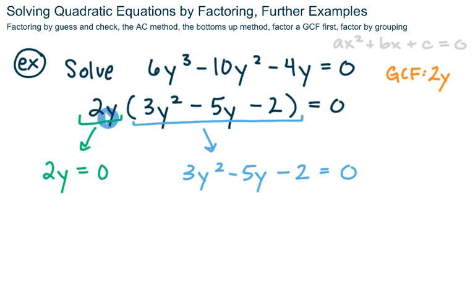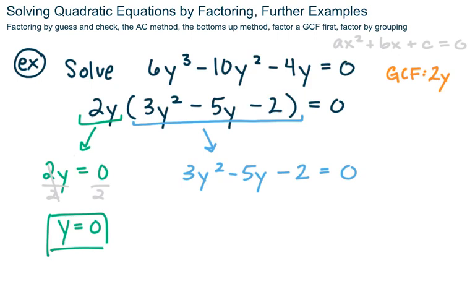But remember, we don't want to divide on both sides of the equation by a variable to cancel that, because we don't know what that variable is equal to, and it could be equal to 0, which would mean we would be doing some illegal math. But since I have 2y equal to 0, I will divide both sides by 2, which gives me y equals 0 as one of my solutions.